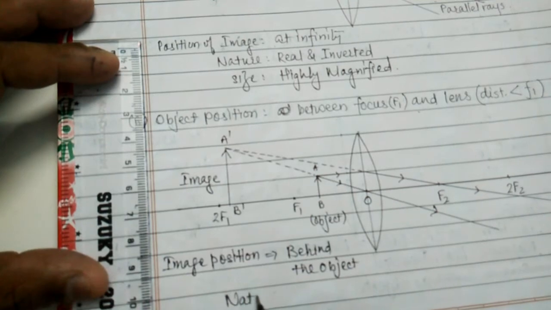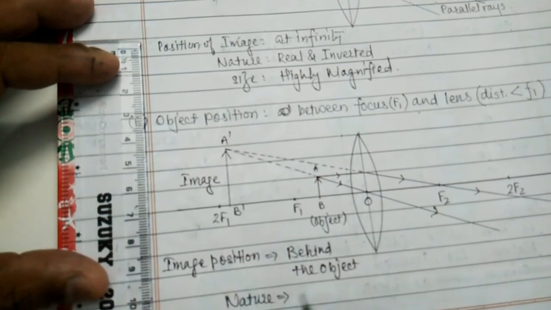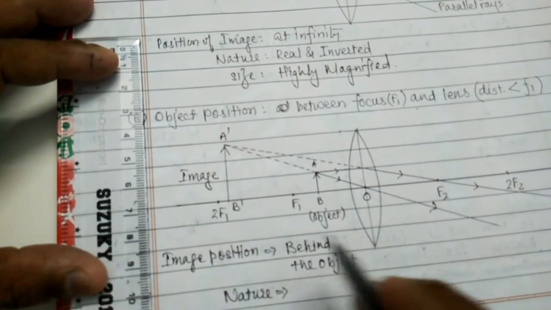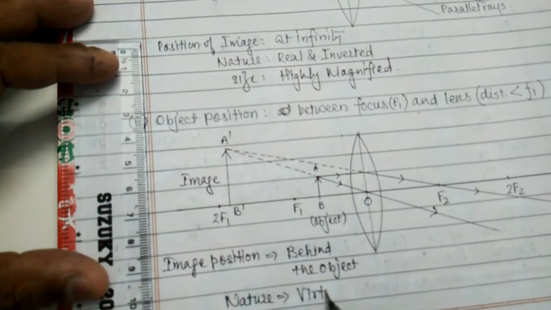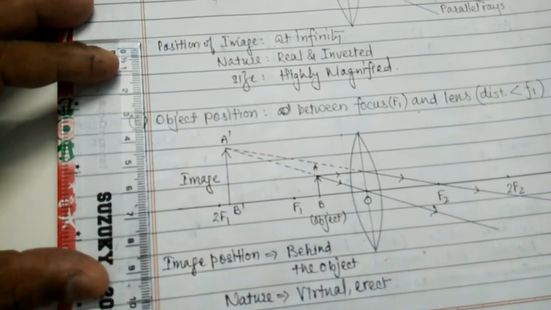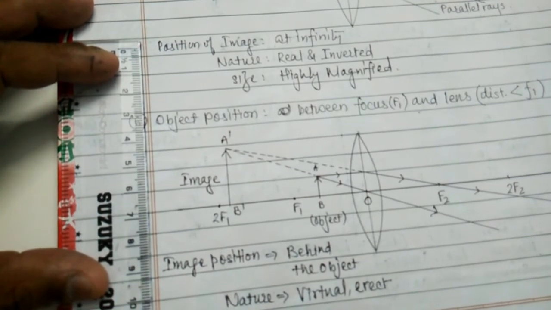Nature: this image is obtained on the same side of the object, so this image is virtual, and a virtual image is always erect, and size, it is magnified.